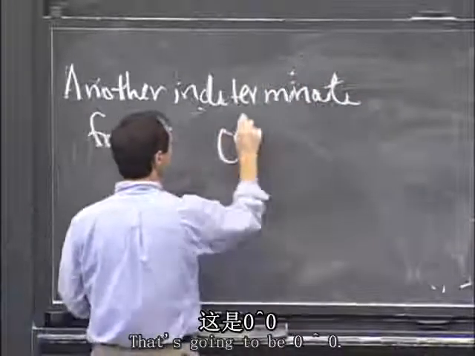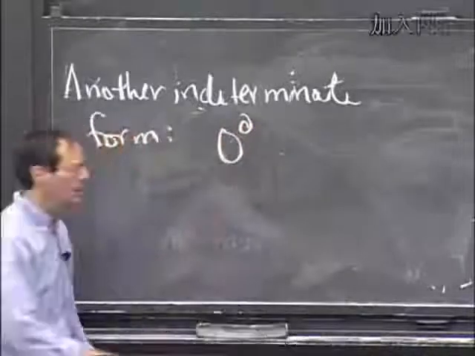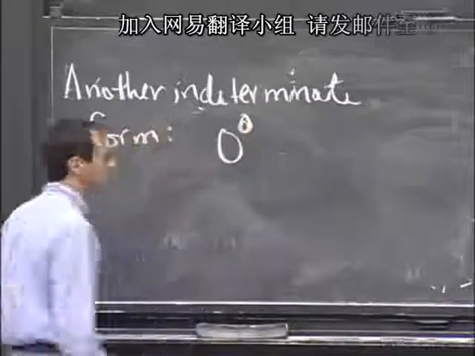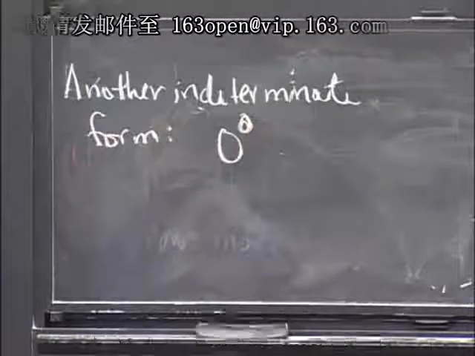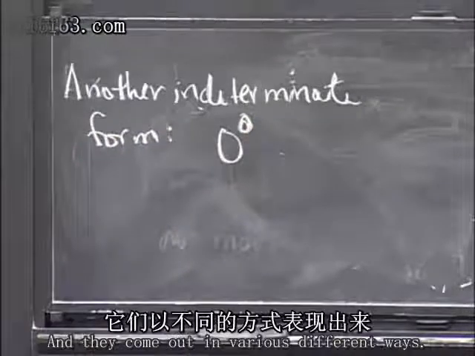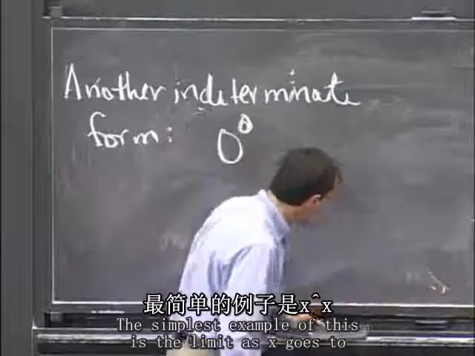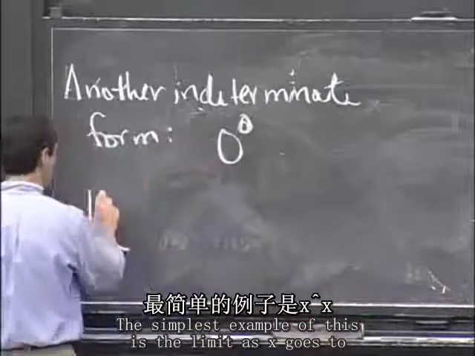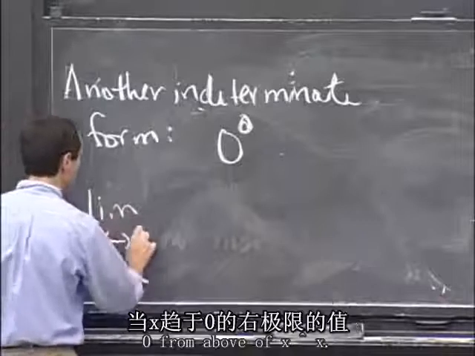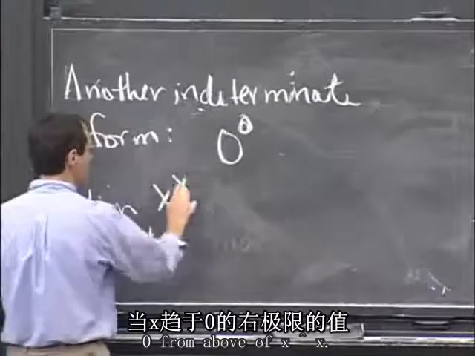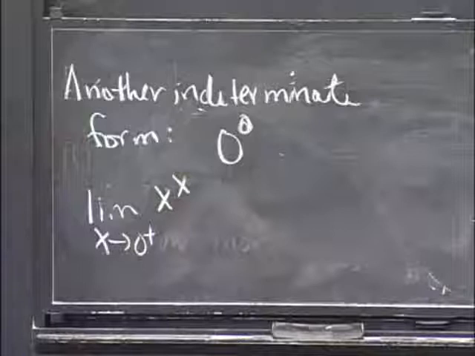That's going to be 0 to the 0 power. There are lots of these things where you just don't know what to do, and they come out in various different ways. Well, the simplest example of this is the limit as x goes to 0 from above of x to the x.